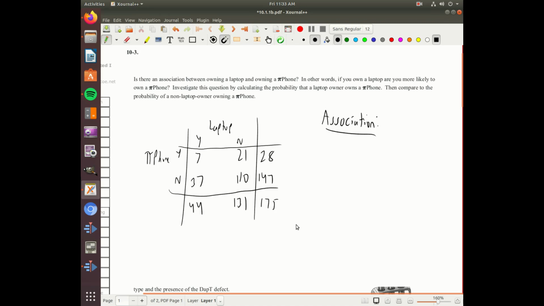Okay, so if we look here, it says, is there an association between owning a laptop and owning an iPhone? So what does that even mean? Well, association lets us sort of see how groups go together. For example, let's say I was looking for someone to dunk a basketball. I can ask everyone in the world, and not many people probably could.